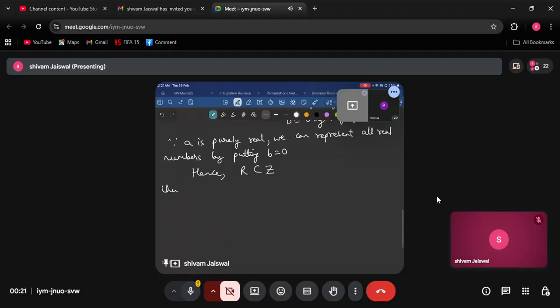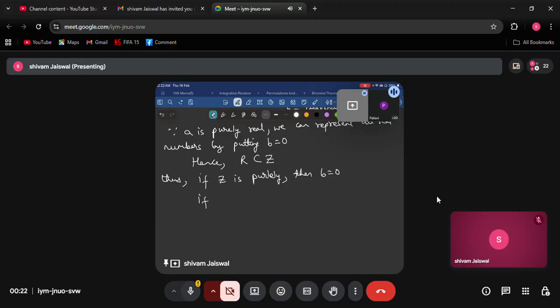Thus, if somewhere it is written that z is purely real, then of course b is equal to 0. And if it is written that z is purely imaginary, then a is equal to 0.